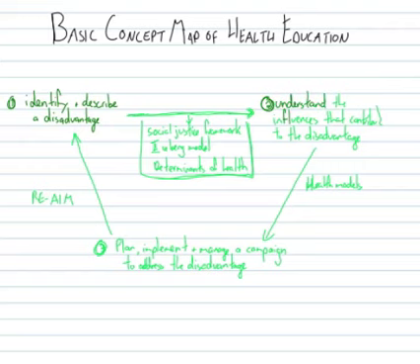This is how we truly understand the disadvantage and how we can potentially address it. So we're understanding the influences that contribute to the disadvantage. Why does that disadvantage exist in the first place?